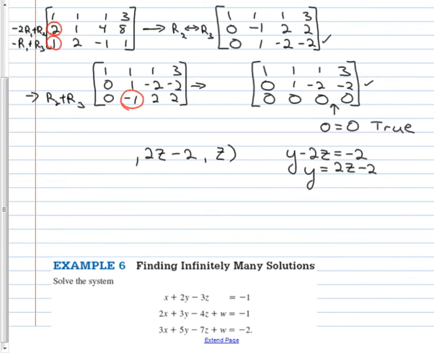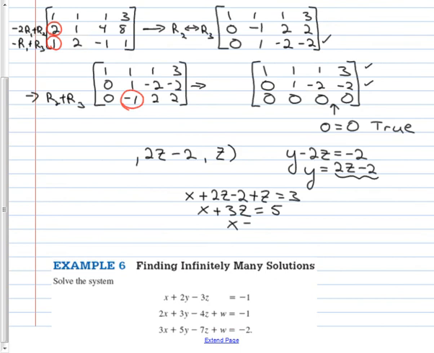And then we can back up and get our x value, our top row up there. So what do we have? X plus 1y, and there's y, plus 2z minus 2, plus a z equals 3. And we want to solve for the x. Let me see. 2z and z. X plus 3z. I'm going to add the 2. That makes 5.